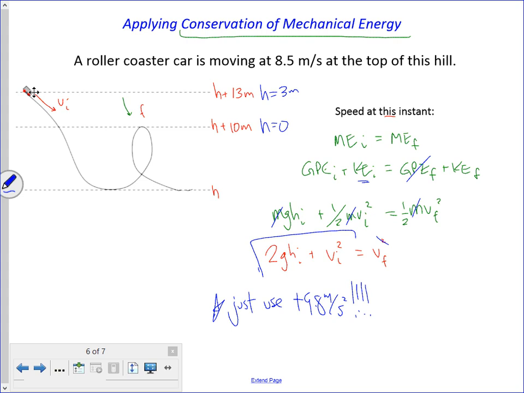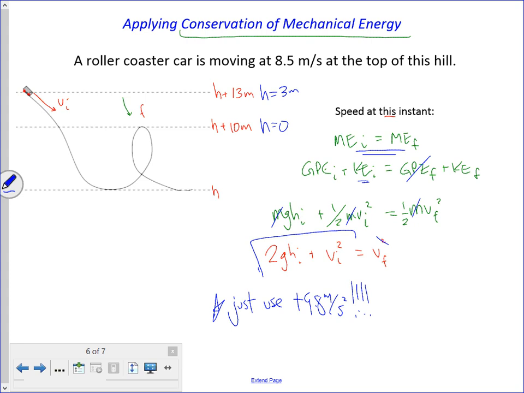Just trust me: use positive 9.8 all the time, every time. So in this one, you get what you get. You solve. You're going to get some exposure to questions where you use this concept.